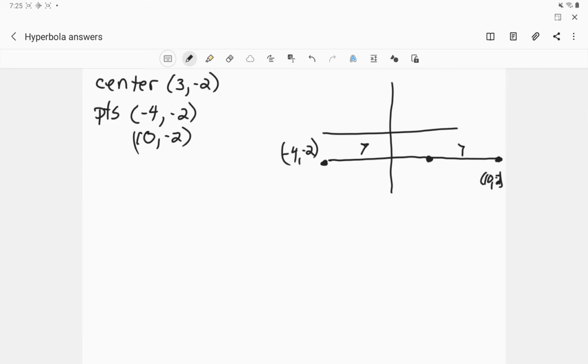Now, the other points are 3 and 1. So from my 3 and negative 2 up here at 3 and 1, meaning from 3 and negative 2, I went up 3 squares.